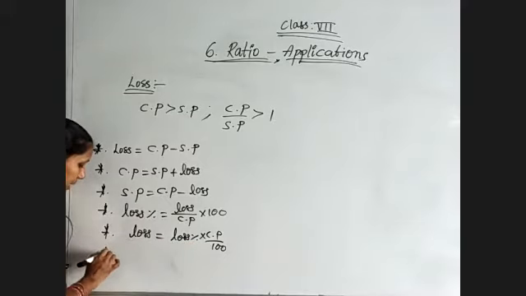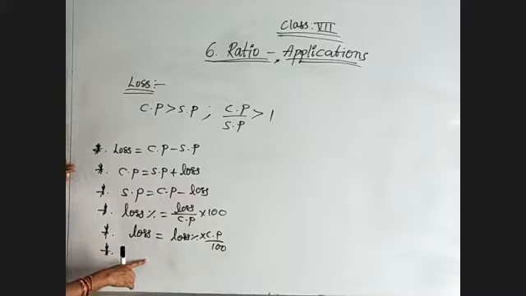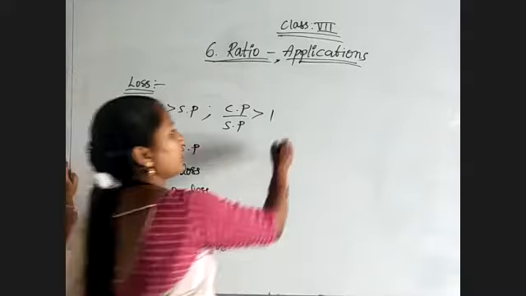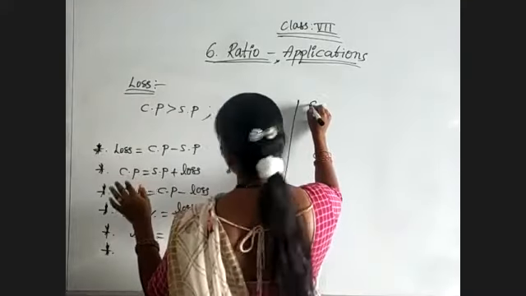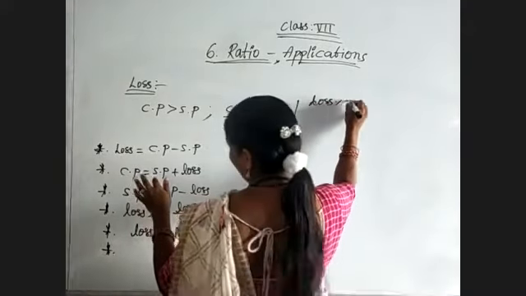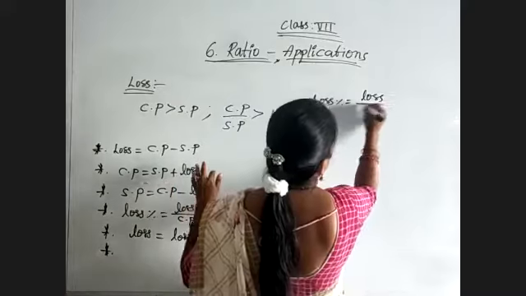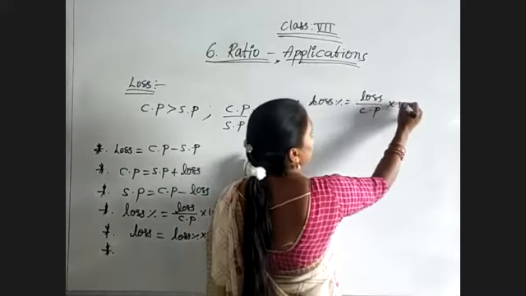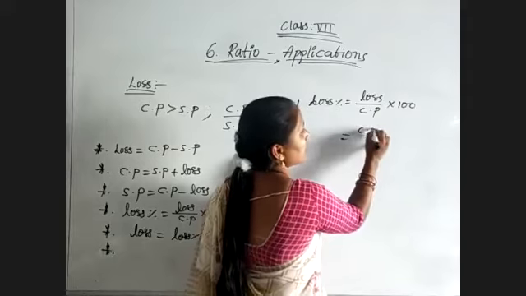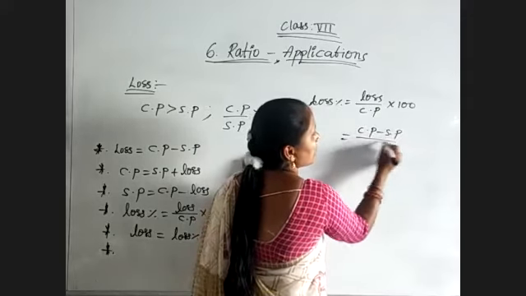Okay, then coming to the next value, SP. For that, I will give you here. Loss percentage is equal to loss by CP into 100. So loss value we have CP minus SP by CP into 100.